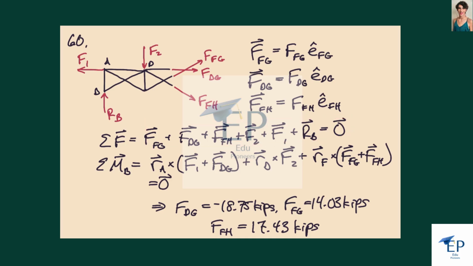And then we'll take moments about point B, and I wrote it out here explicitly. Moments that act through point A are F1 and FDG. Acting through position D is F2, so r to D is this vector. And to position F, which is here, is this vector.